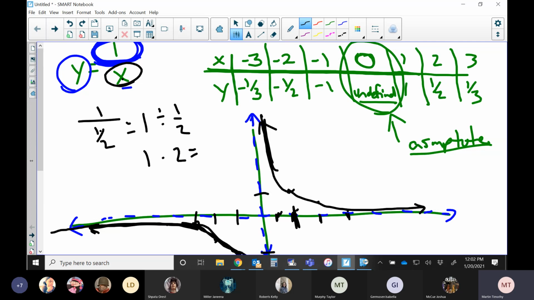So if I put a 1/2 in for x, I kick out a 2. That makes sense. Just like if I put a 1/3 in, it kicks out a 3. And if I put a 1/10 in, it kicks out a 10. Because y is going to keep getting bigger. If I put in a 1,000,000th, my output is 1,000,000. So this thing is going to get closer and closer to this asymptote without ever touching it.